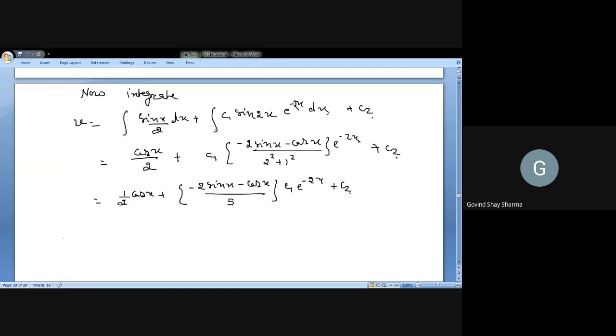Here we use this method, this formula: integration of e to power ax sin bx dx can be written as e to power ax upon a square plus b square, a sin bx minus b cos bx.